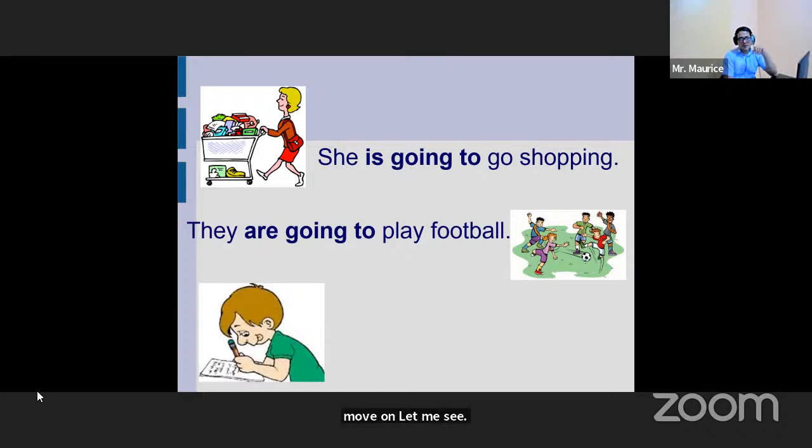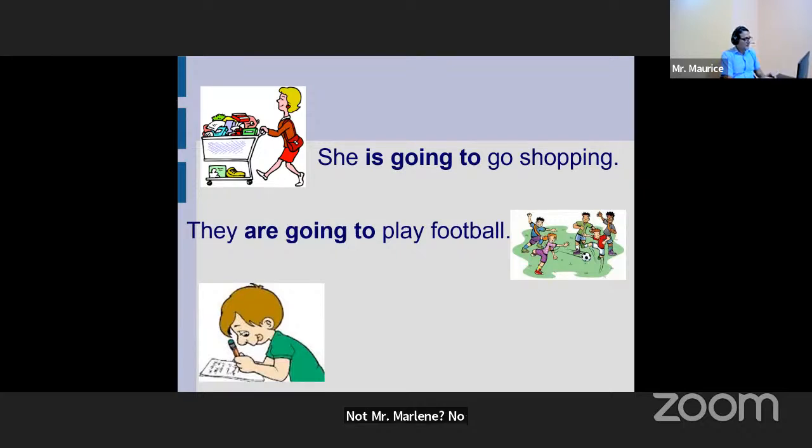Madeline Guerrero, could you please describe the picture number 3? The intention. Madeline, are you there? No, no está Madeline. Yo, profe.